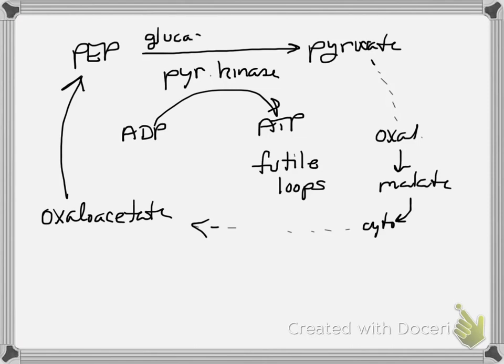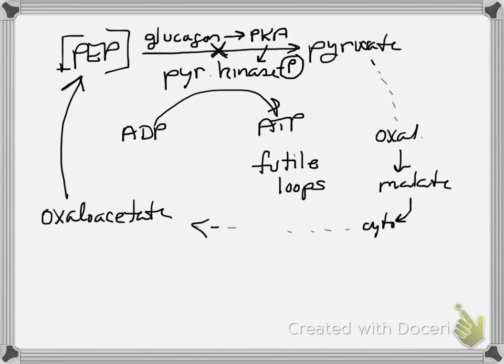So glucagon will signal in the liver down its signal transduction pathway, cyclic AMP, all the way down to protein kinase A. Protein kinase A will phosphorylate pyruvate kinase and inhibit this reaction of phosphoenolpyruvate to pyruvate. And therefore, all the phosphoenolpyruvate that we generate can now be used for gluconeogenesis. So the futile loop is inhibited in this case.